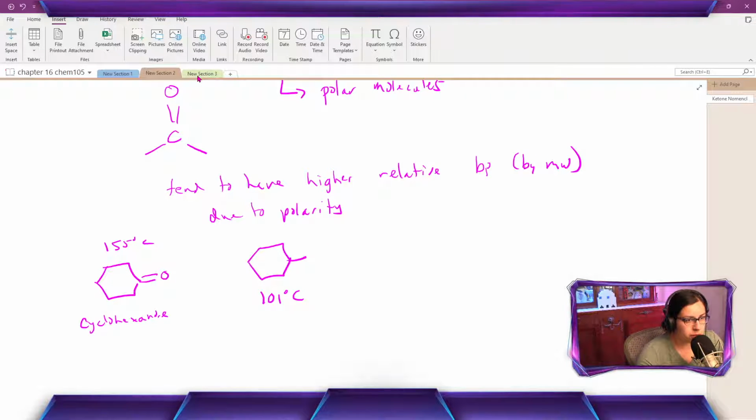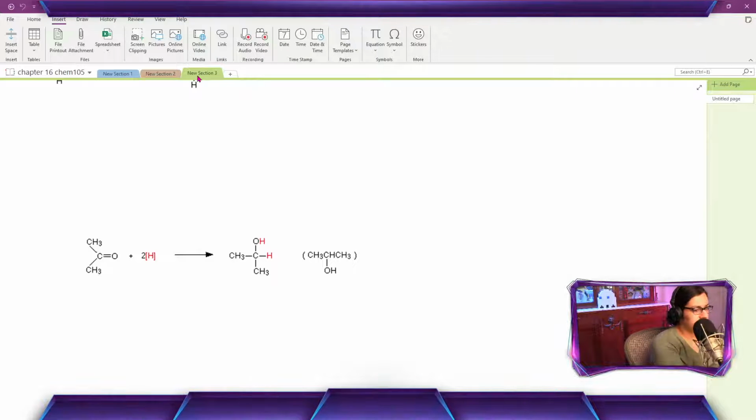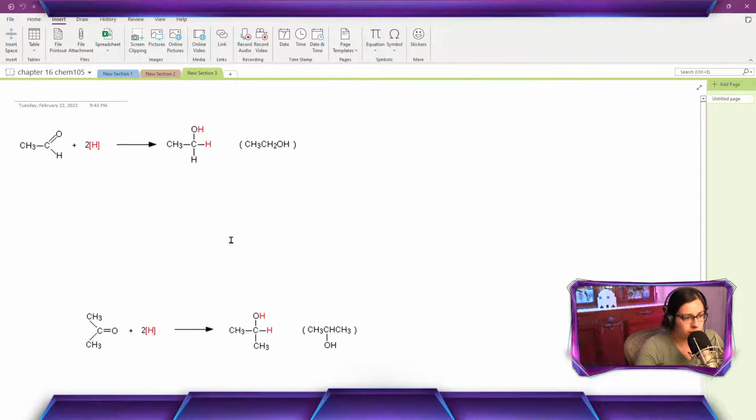So let's look at some reactions now. Let's look at the oxidation mechanism first. This is reduction. We covered some of this in our alcohol chapter. If you remember, we could oxidize some of our alcohols to ketones and then take them further.